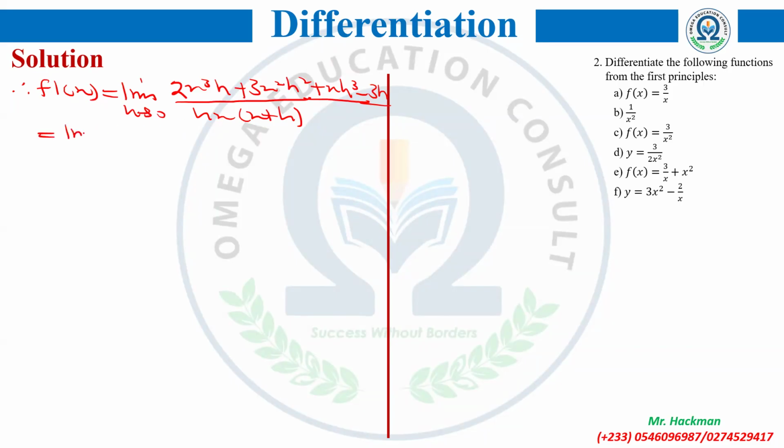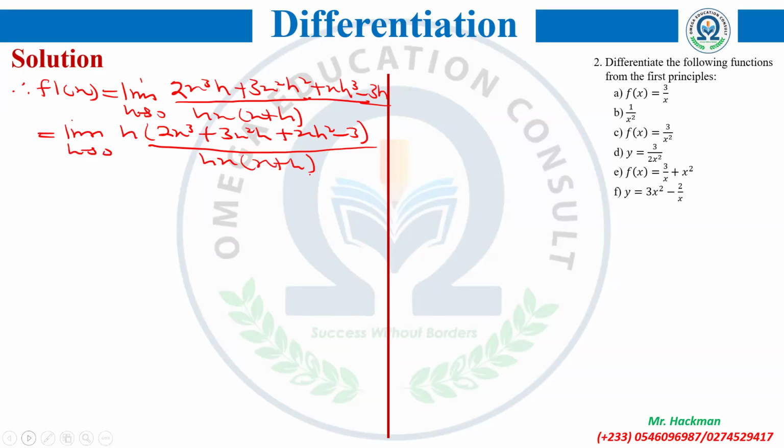So we will manipulate by factorizing h in the numerator. So that gives us what? h out, into 2x cubed, plus what? 3x squared h, then plus x h squared, then minus 3, all over your h into x times x plus h.